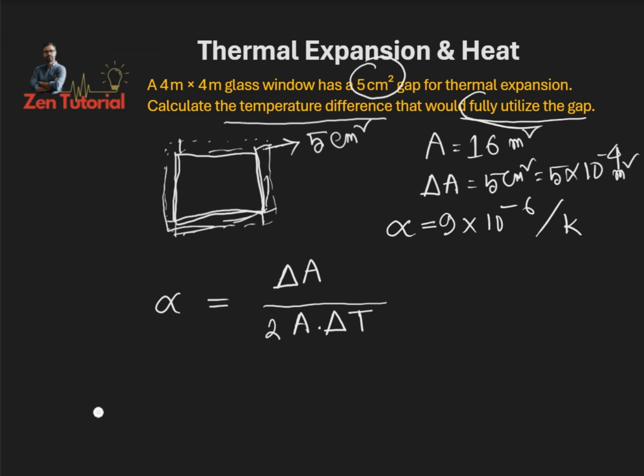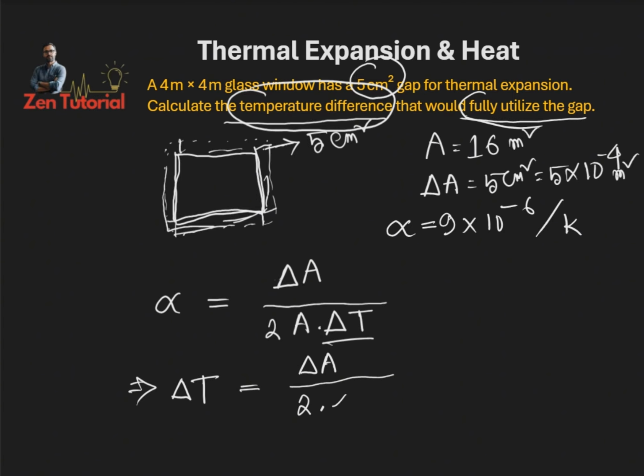What we have to determine is the temperature difference, so the temperature difference is equal to the change of area over 2 alpha into A.